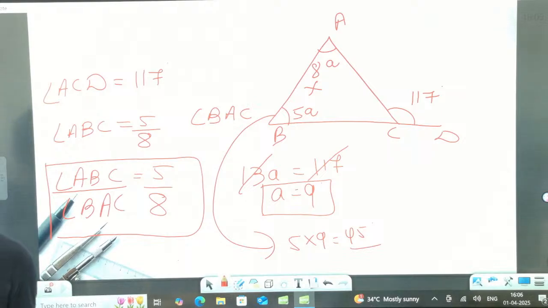One more and last question on this format. Is this done?